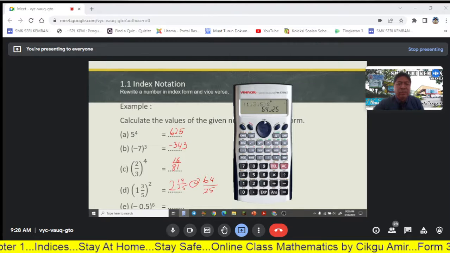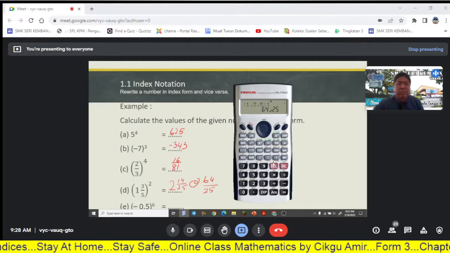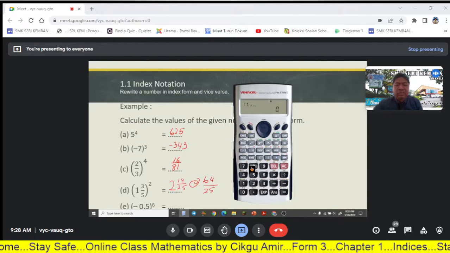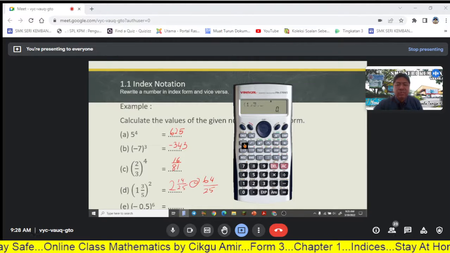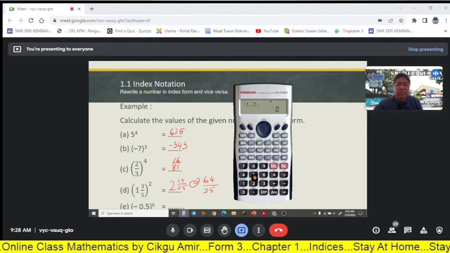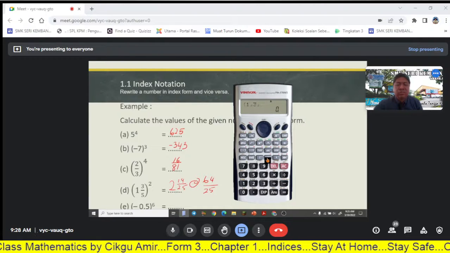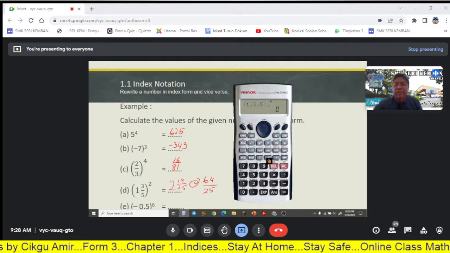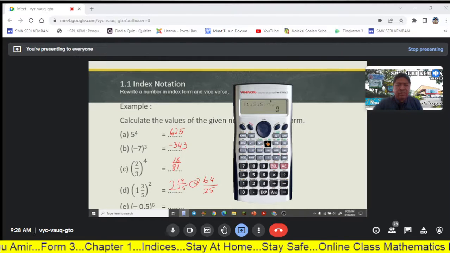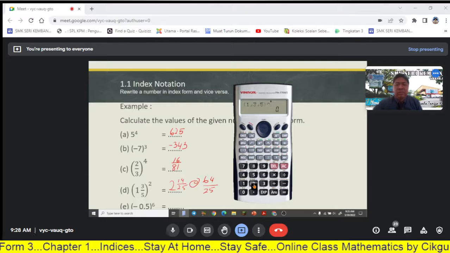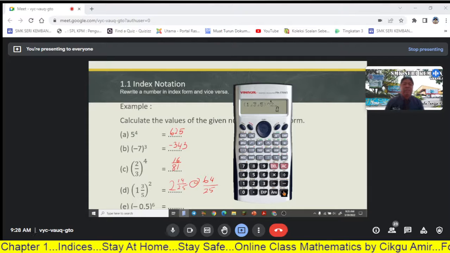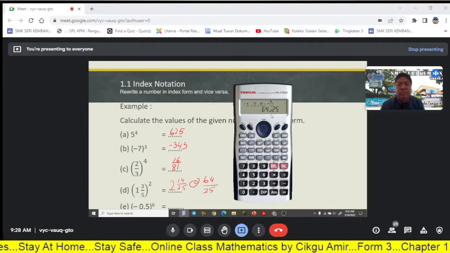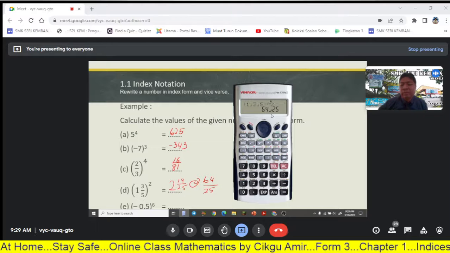I press 1 a b/c 3 a b/c 5, close your bracket, the arrow-like symbol and put number 2, then equal. You have the same answer. Shift a b/c, 64 over 25.